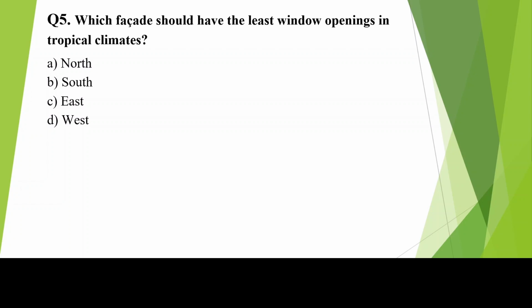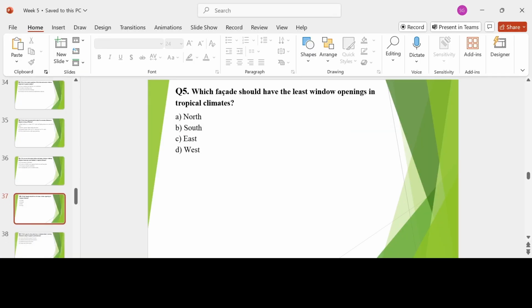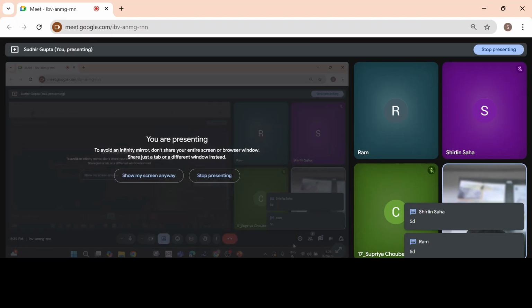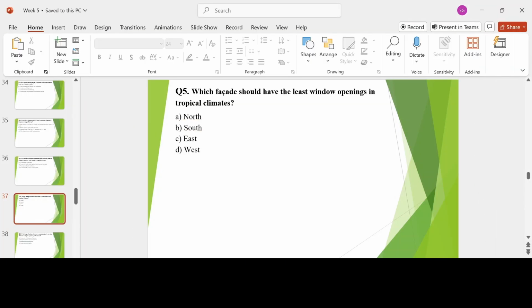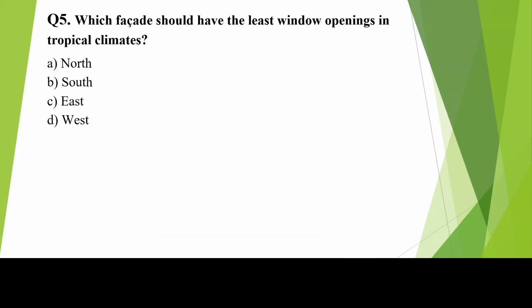I hope you are able to understand what I am explaining to you all. If you have worked upon the assignment of week 5, you can easily relate it. So with that, let's see how many of you can answer it correctly. 5D, as I can see, has been marked by most of you. So west is the correct answer for this question number 5.